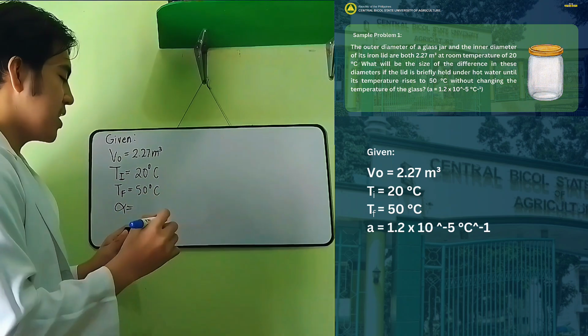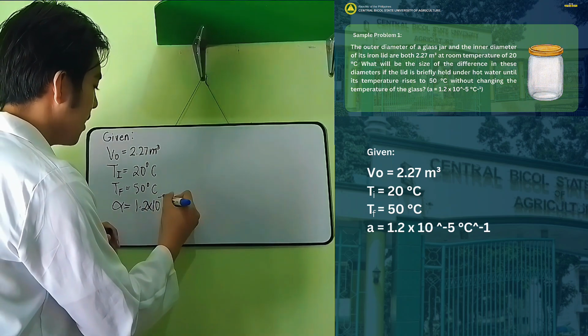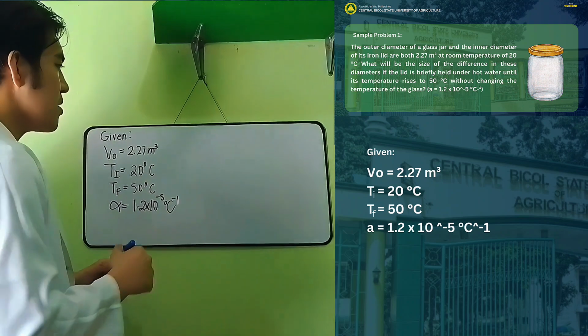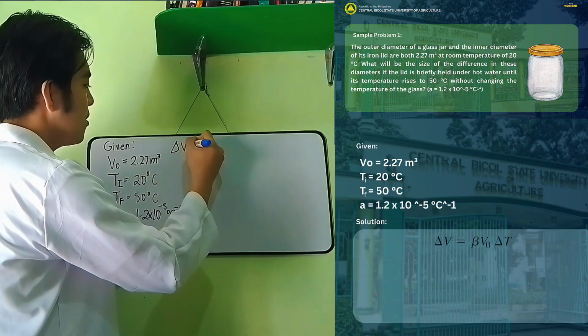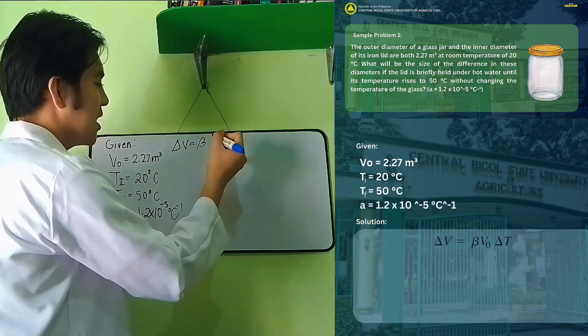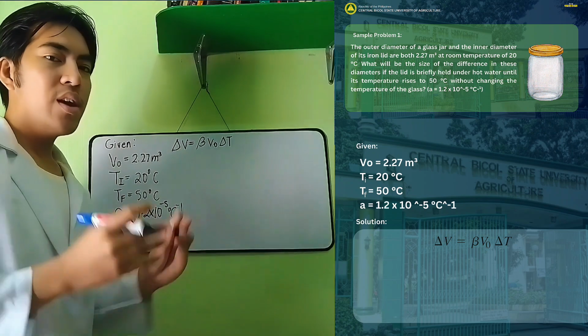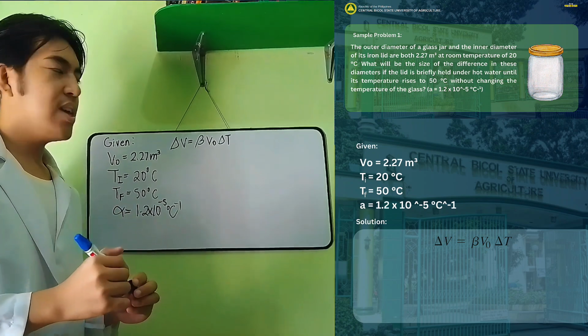So the alpha coefficient is equal to 1.2 times 10 raised to -5 degrees Celsius raised to -1. So using the formula of volumetric expansion, change in volume is equal to the beta coefficient times the original volume times the change in temperature, we are able to find the difference in the volume of the iron bead.